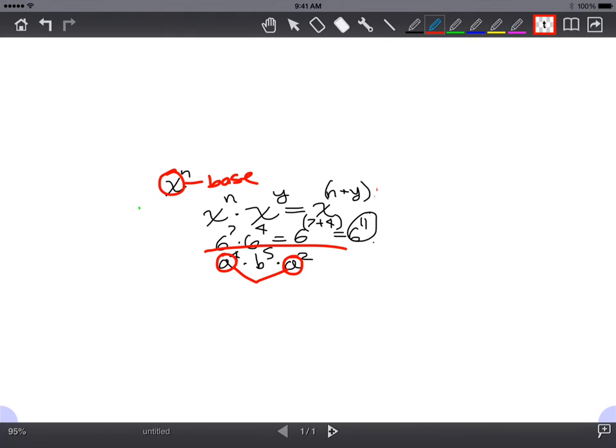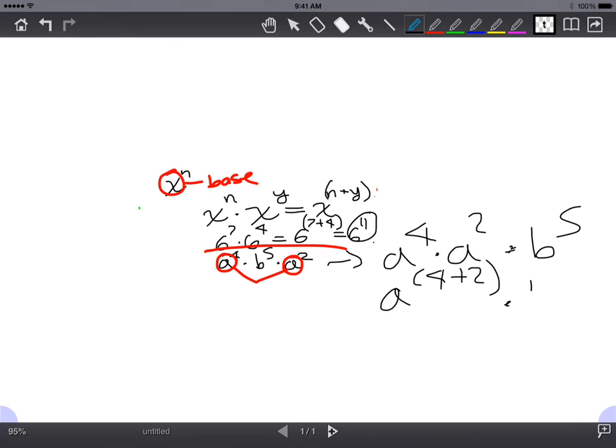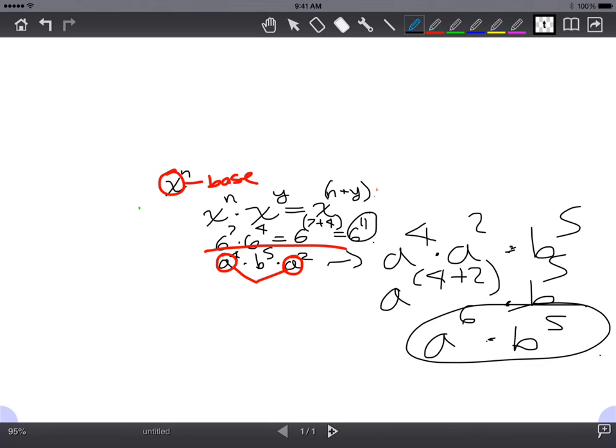So what we would do in that case is rewrite it as a to the 4th times a squared times b to the 5th. Now this is a to the 4 plus 2 times b to the 5th, a to the 6th times b to the 5th. And that's your answer, because we can't simplify this since you have to have common bases.